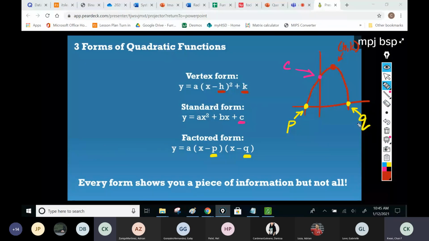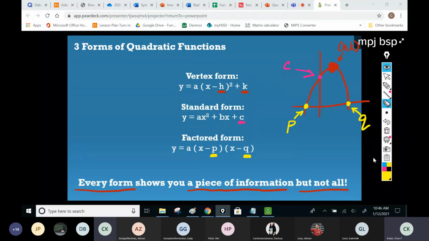All 3 of these forms have their pros and cons. Every form shows you only one piece of information, but not all of them. Vertex form gives you the vertex. It literally tells you, hey, the vertex is right here.